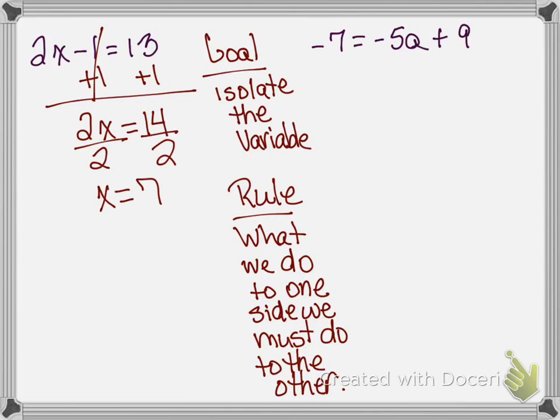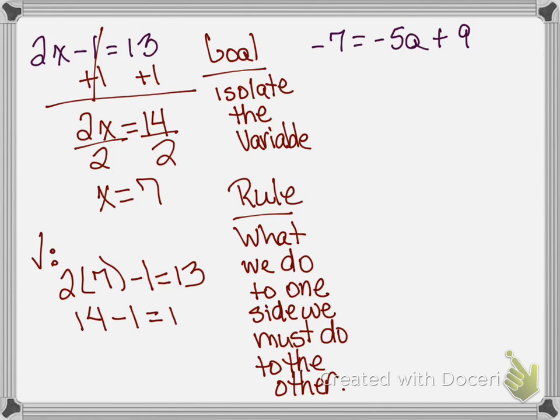Once I have isolated my variable and I have the value of my variable, I take that value and plug it back into the original problem for x. So when I check this, my check looks like 2 times 7 minus 1 equals 13. Is that a true statement? Yes, it is. It is a true statement.